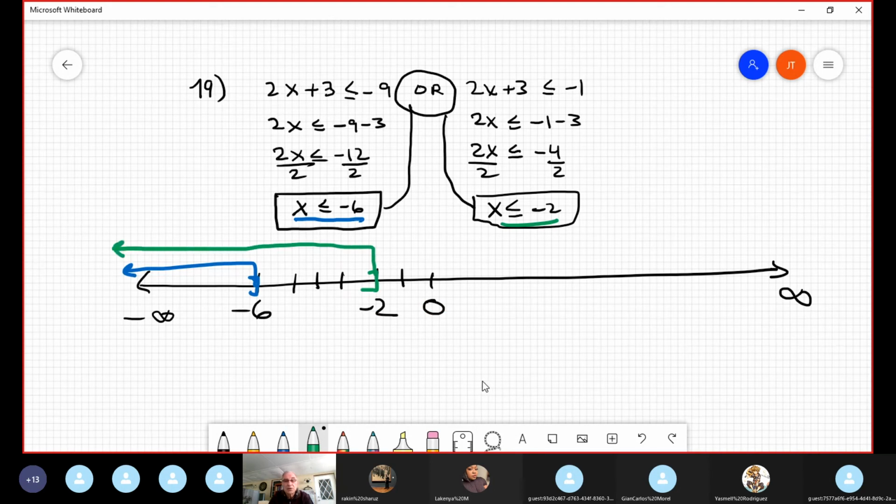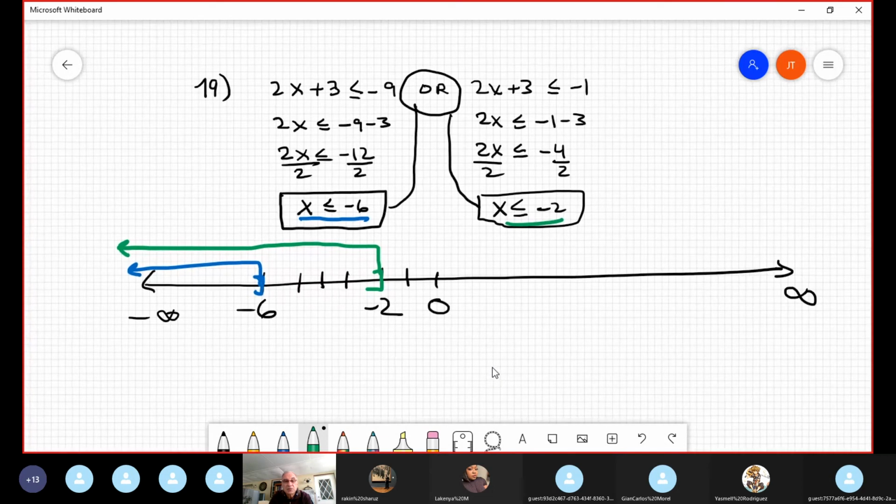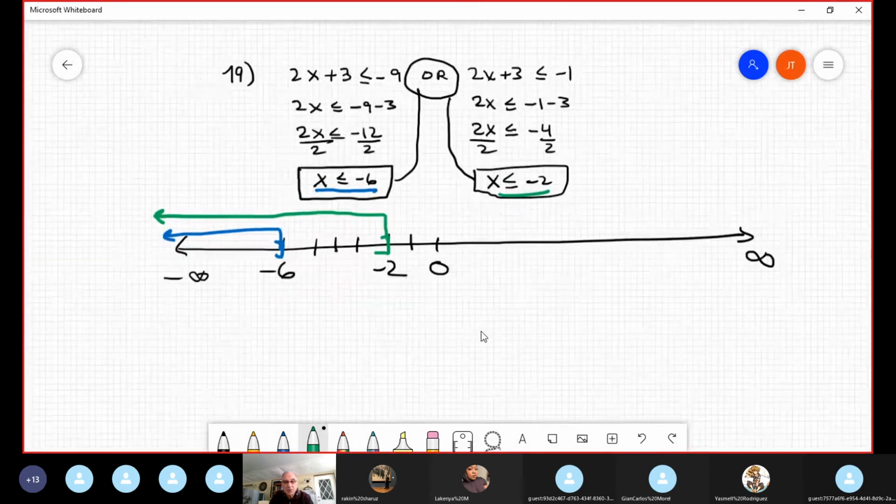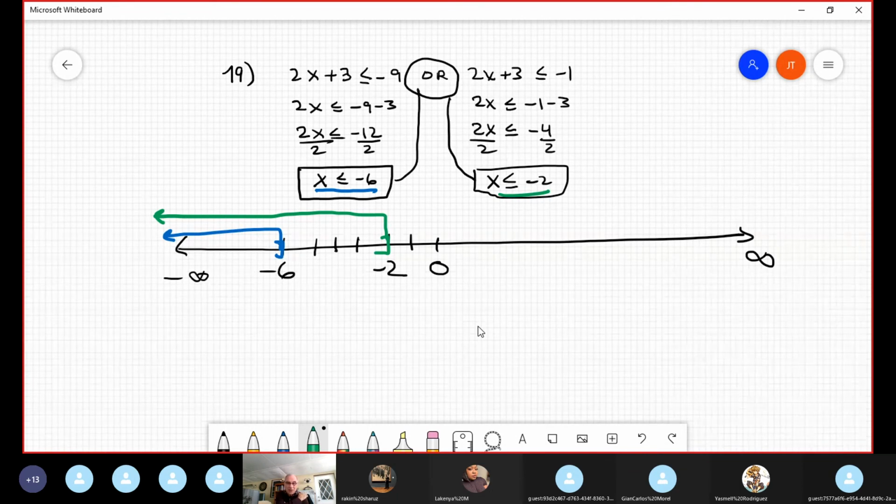Now, this is a crucial moment to think about the final answer, because we need to connect the blue interval and the green interval using or. What do you think? What is the problem?